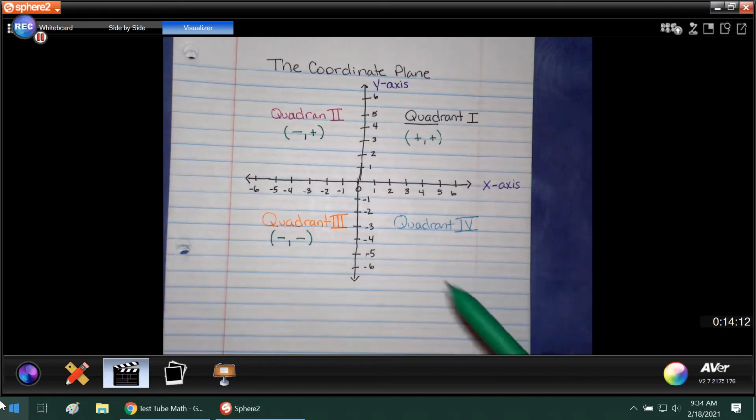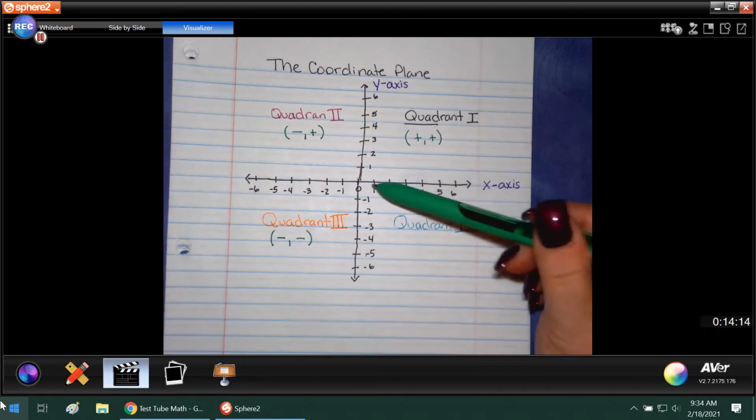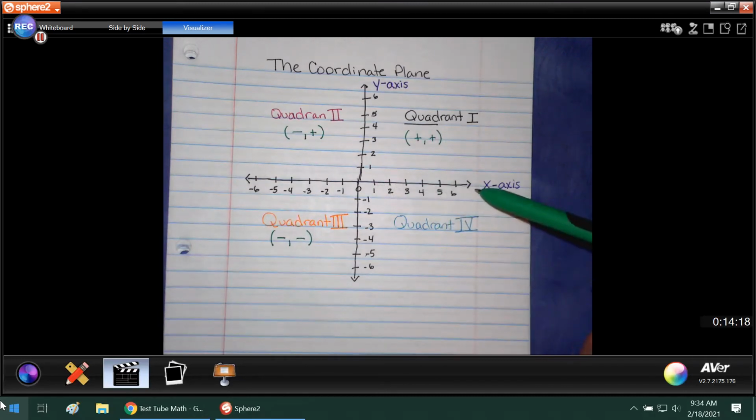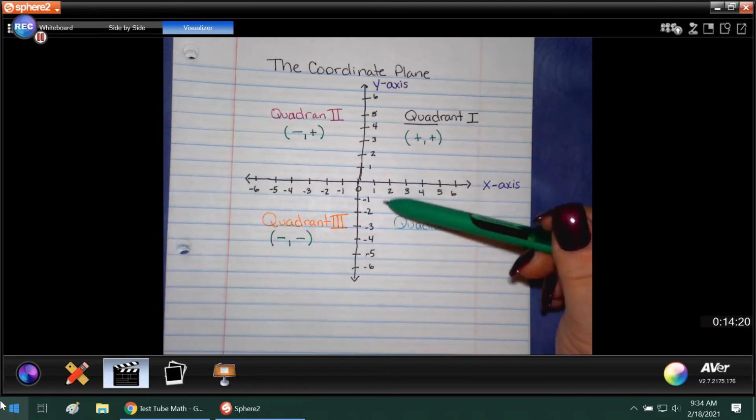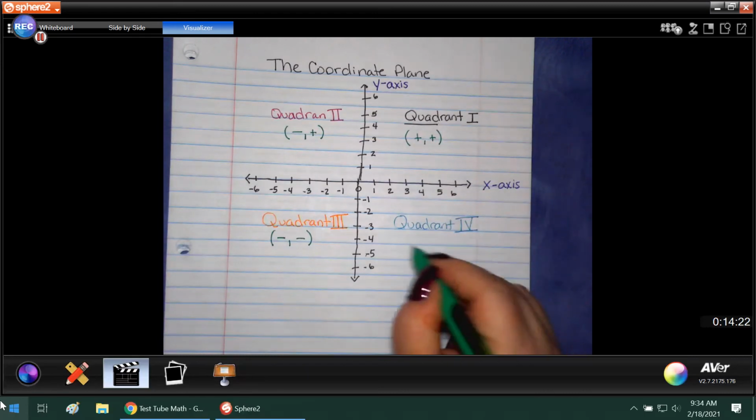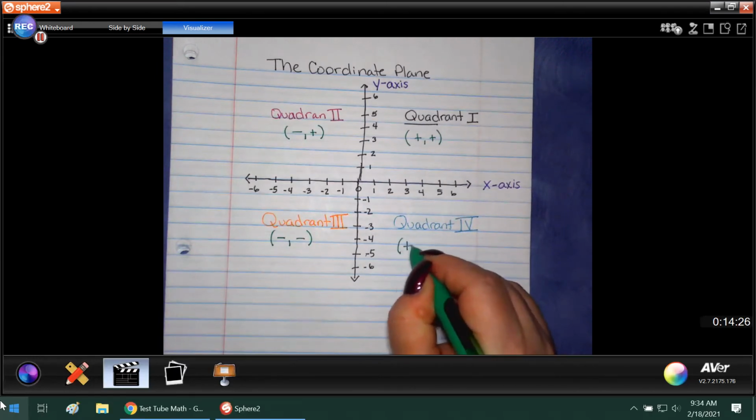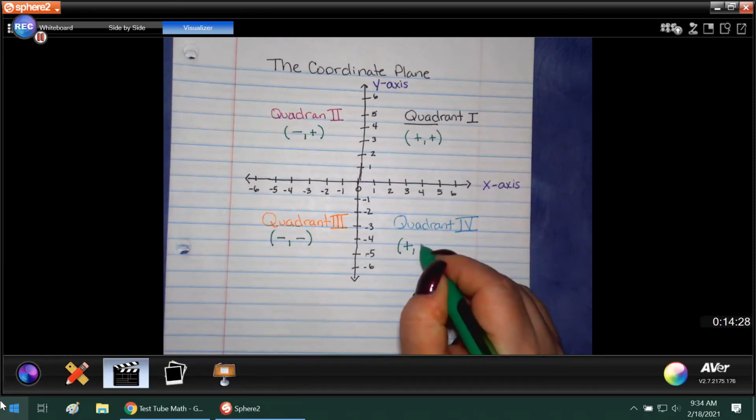And then quadrant 4, notice that all my numbers are going positive and then negative. So in quadrant 4, I have a positive coordinate and then a negative coordinate.